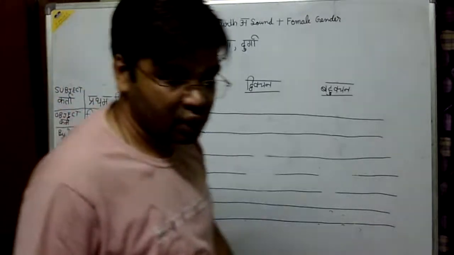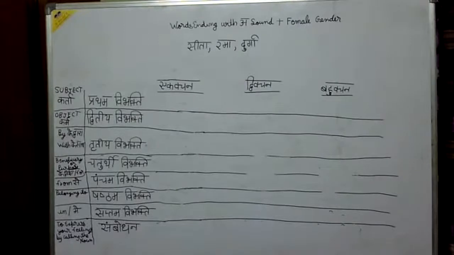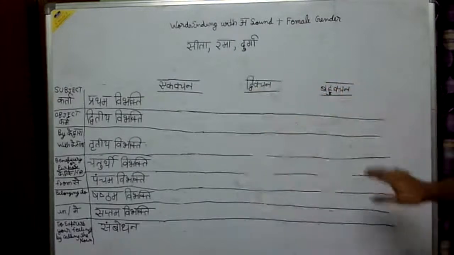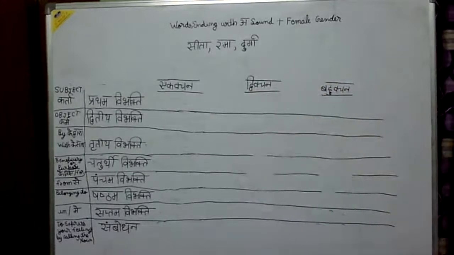Earlier we wrote the shabdrupas of the words ending with a, first male, then neutral. Now we are going to write the words ending with a plus female. Just wait a minute.